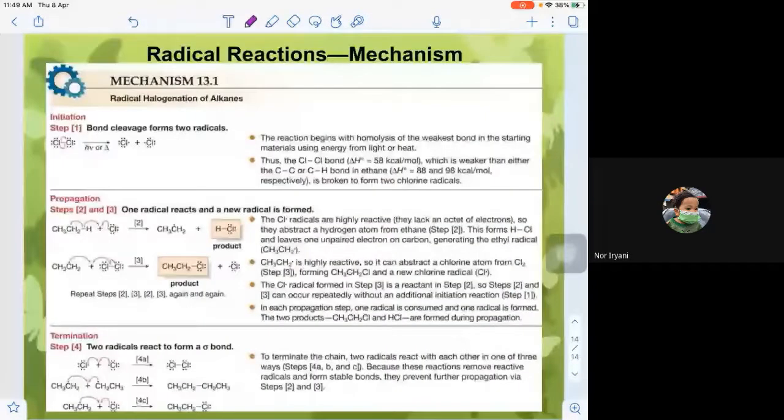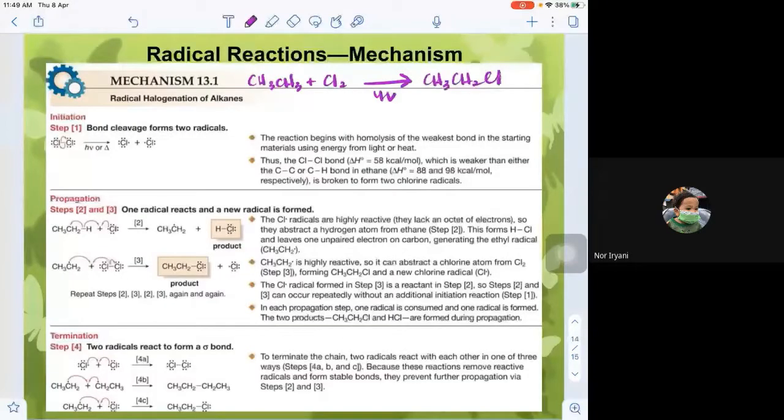Okay, this is an example when we have a reaction of ethane with chlorine. The general equation for this reaction is CH3CH3 plus Cl2 under UV, so it turns to CH3CH2Cl plus HCl.